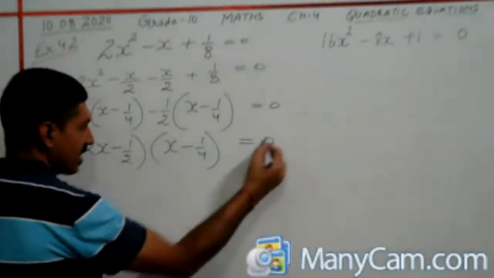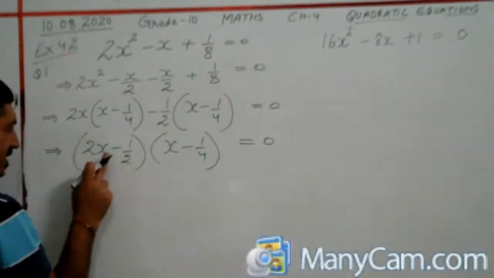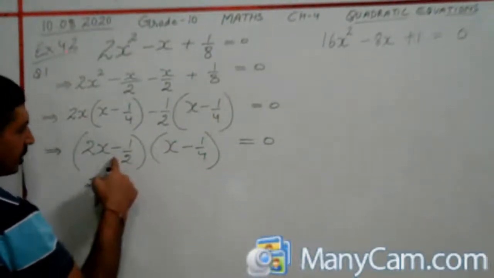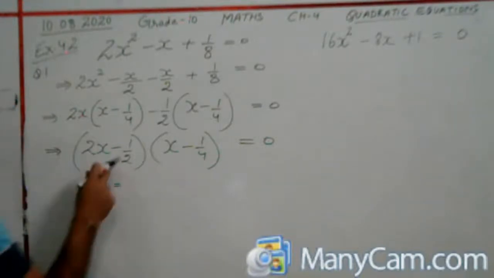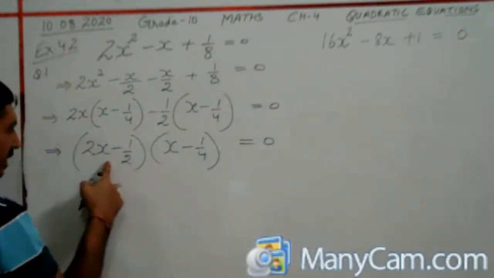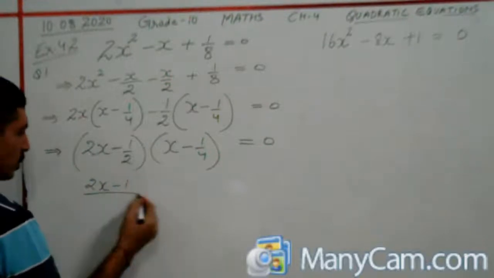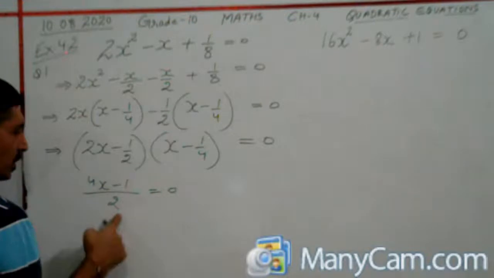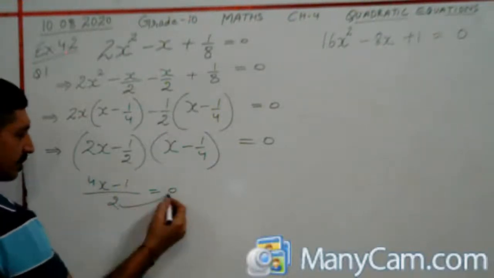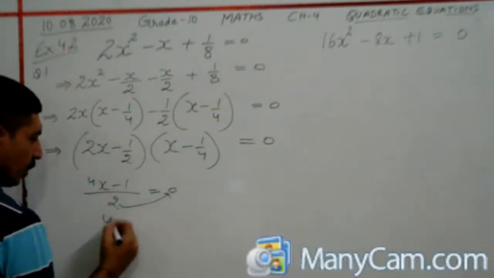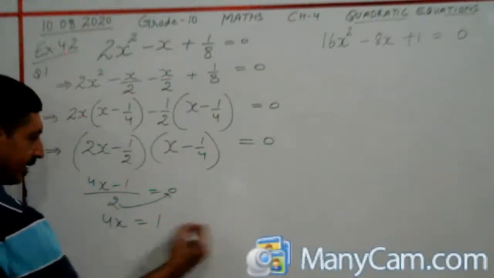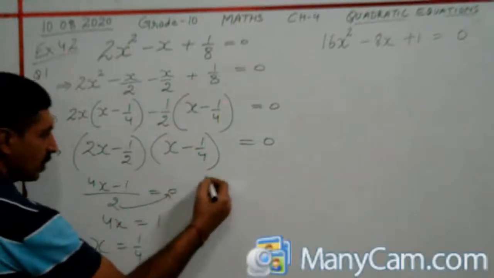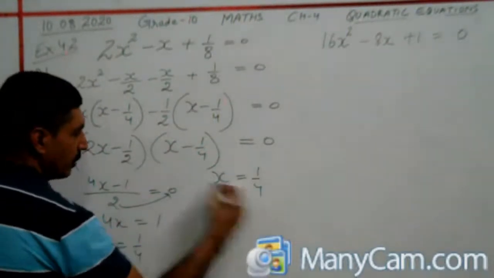Taking the LCM, 4x minus 1 by 2 is equal to 0. So 4x is equal to 1, and this implies that x is equal to 1 by 2. And here also, x is equal to 1 by 4.